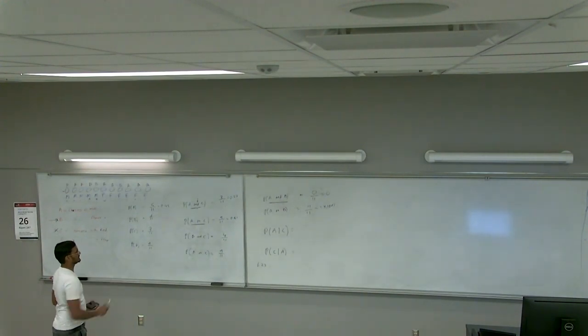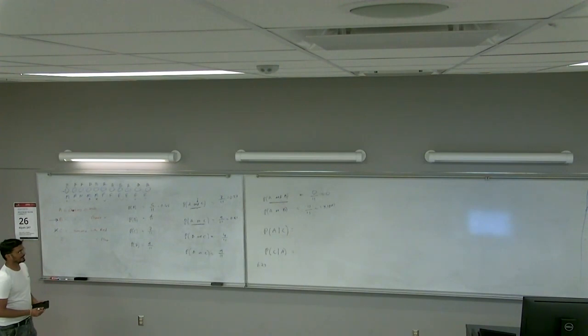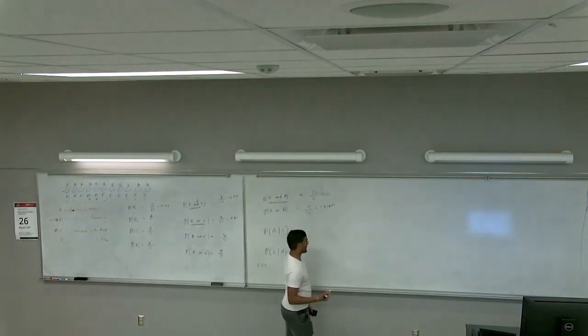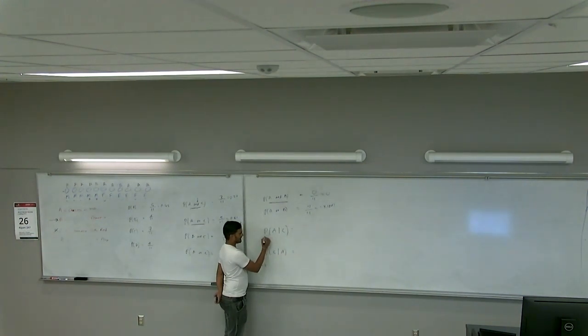Right, so I was talking about this thing. There are a couple of things related to this. The way this is defined is the probability of A happening when C is given.